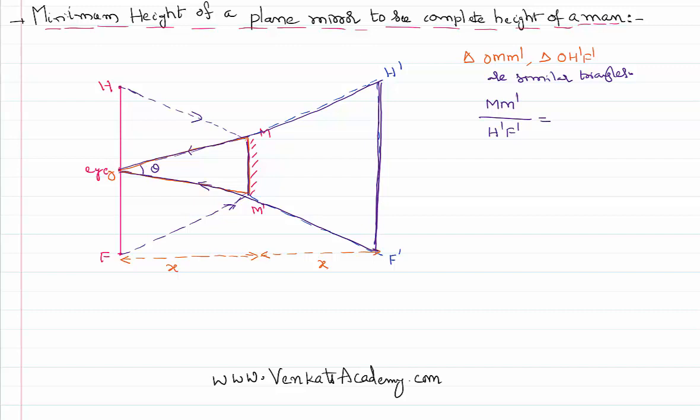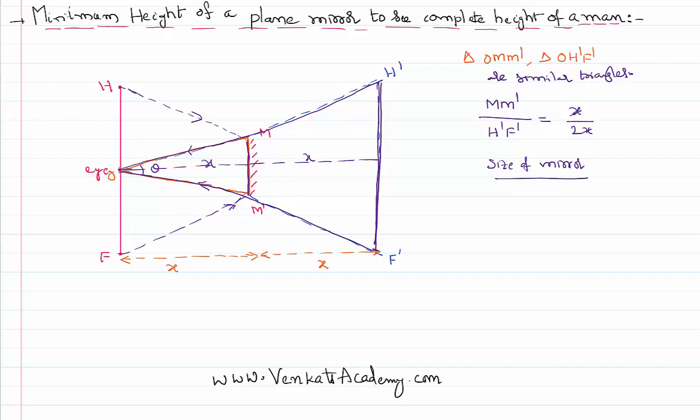Now I can write this distance. For the triangle O M dash, the distance is nothing but x. For the triangle O H dash F dash, the same distance is this total value. This is x, this is another x, because that's the distance of the image from the object. So the total distance is 2x. X and x get cancelled. So h dash is nothing but the size of the mirror.